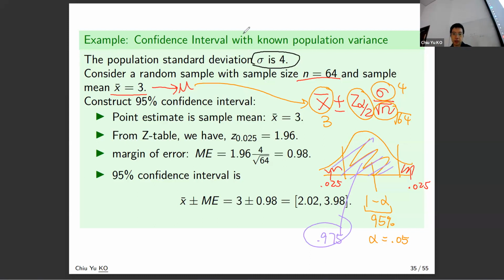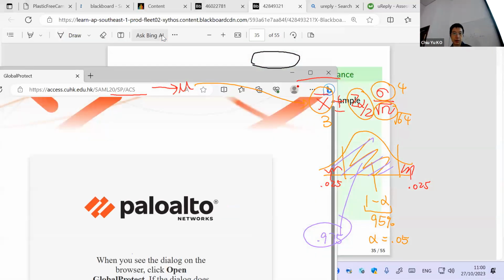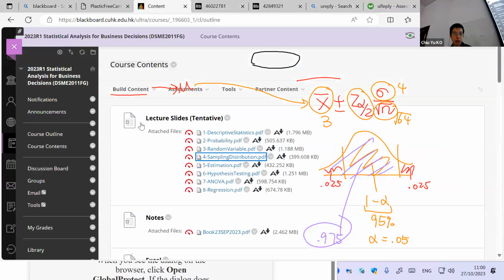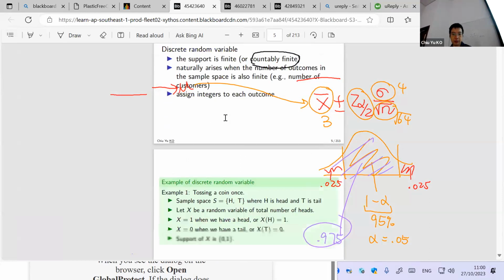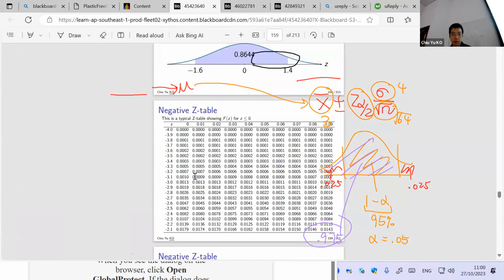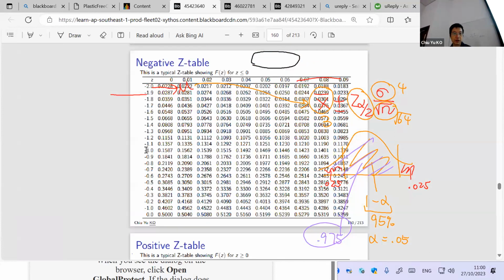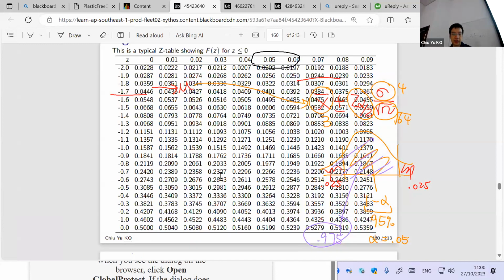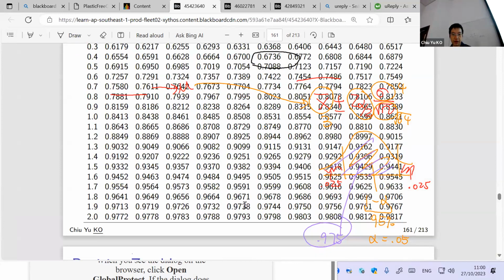Of course, you can check the Z table quickly. Let me check quickly here. 0.975, look at positive. 0.975 here.